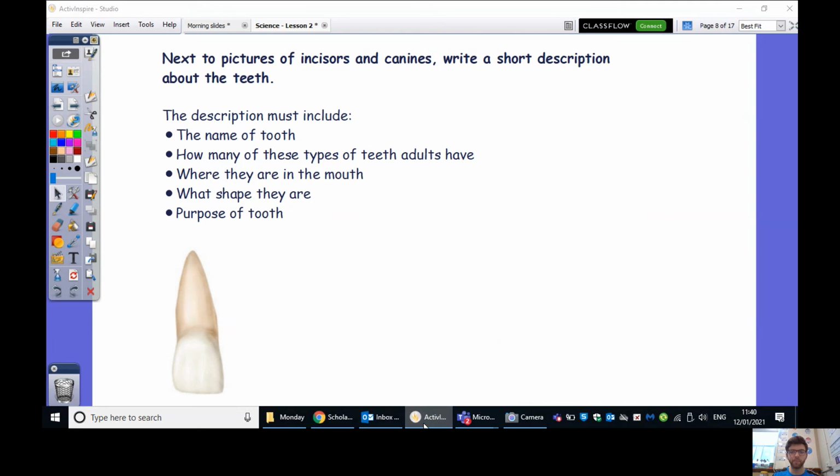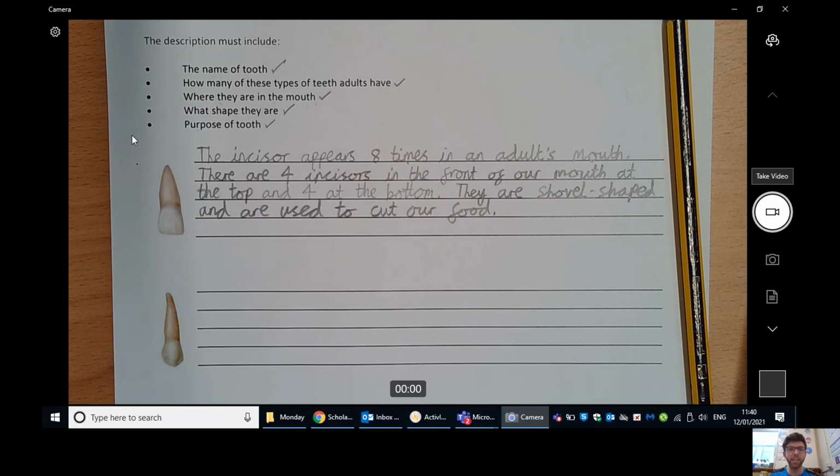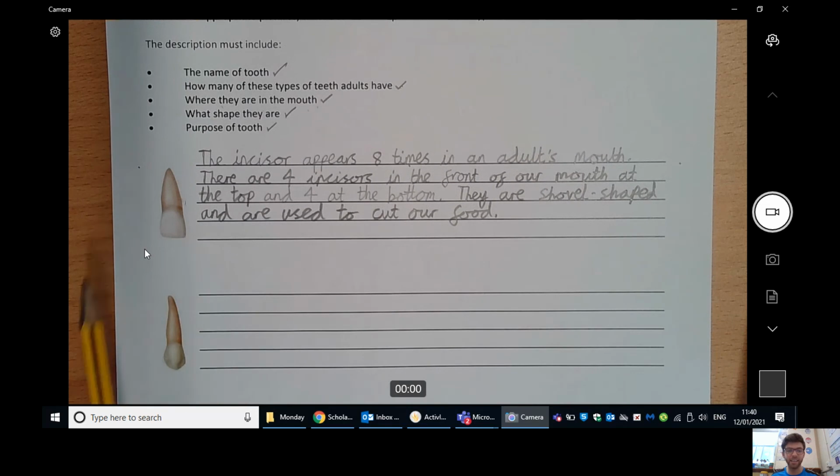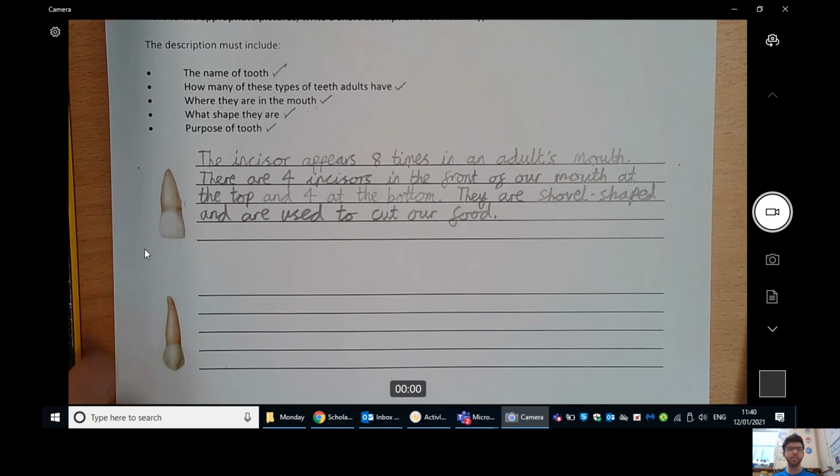So I'm going to leave my one on here. You've got the checklist up there, and you've got my example paragraph down here. And if you would like to go back at any stage in the video for me to go over those teeth again, that is absolutely fine. So pause your video now. Can you complete the incisor and the canine paragraph, please? Off you go.